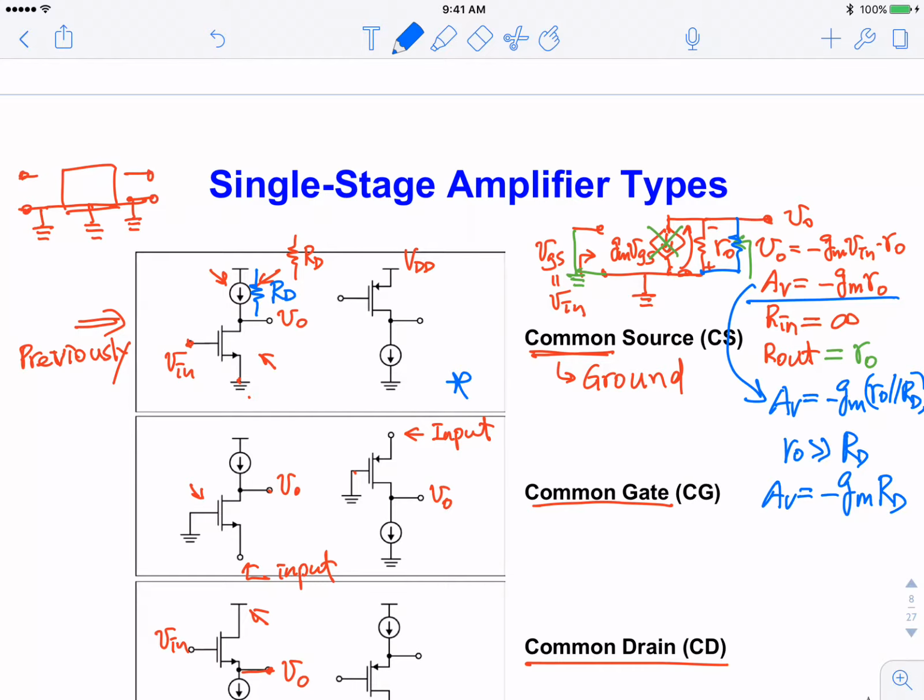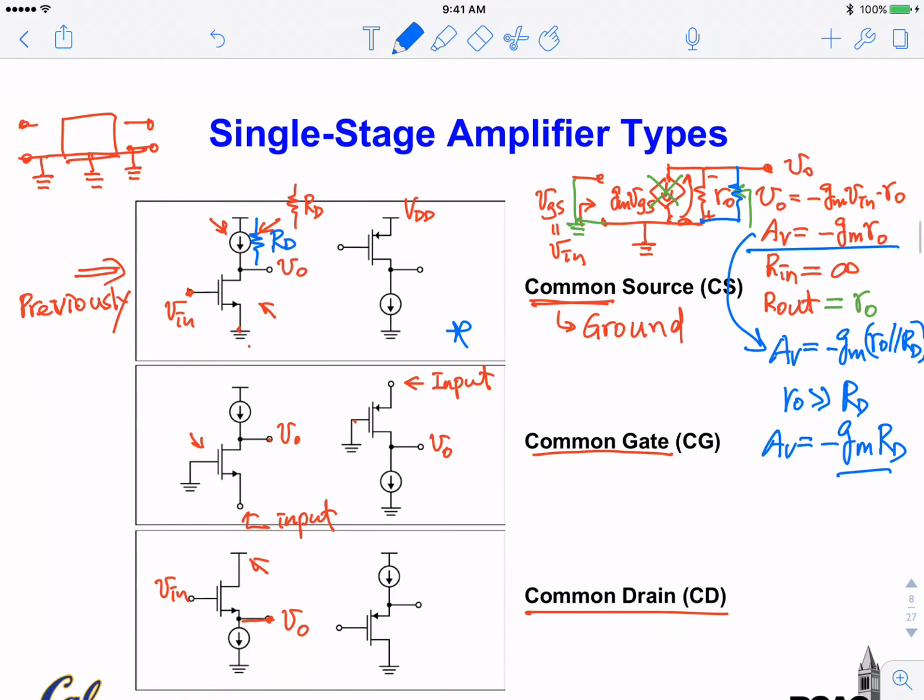So common source gain is Gm RD. The common gate that we just solved, the Av for this one is Gm RD in case I have RD bias here. So they have the same gain.